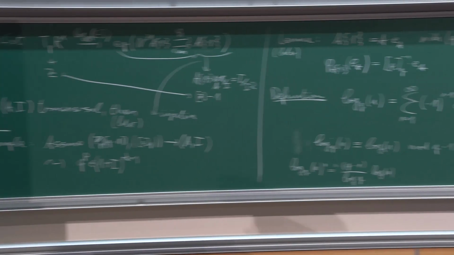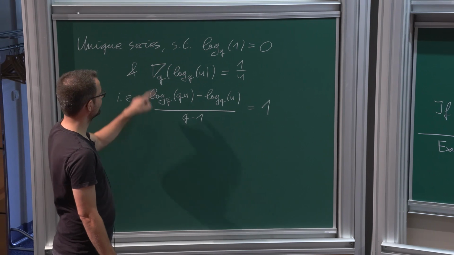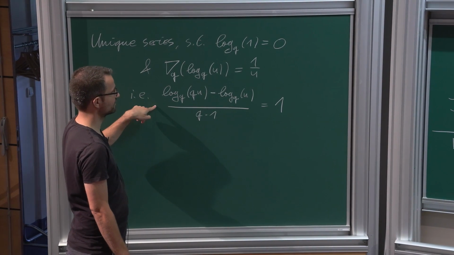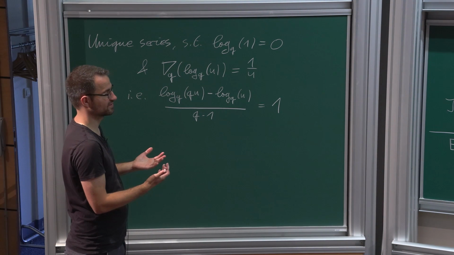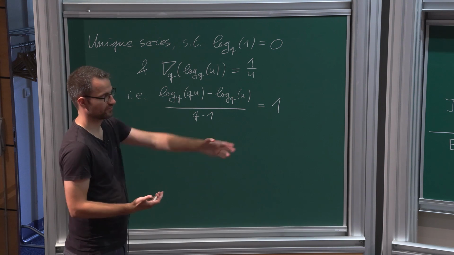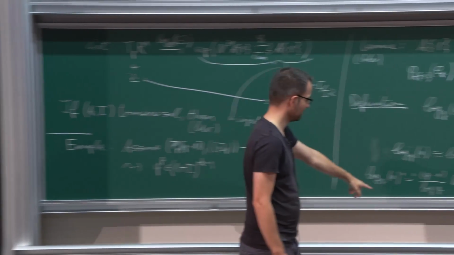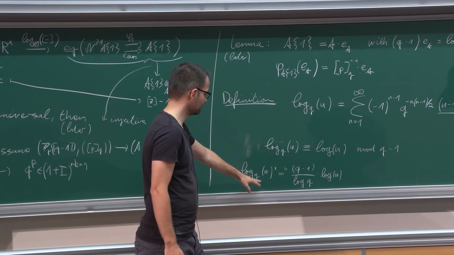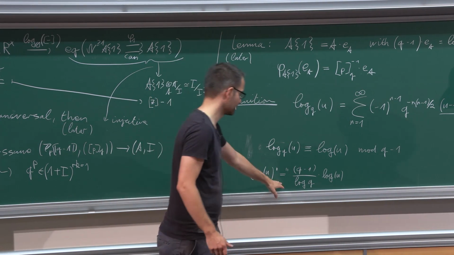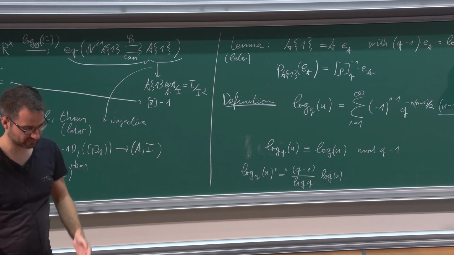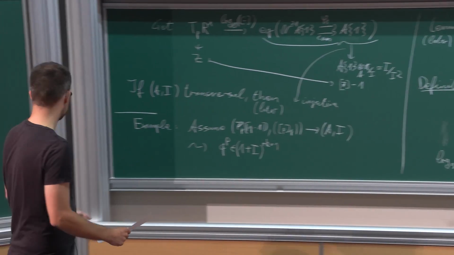And there, one can check that the right-hand side that I've written down satisfies these conditions. And therefore, if one knows that the Q logarithm is the unique series satisfying these conditions, one gets equality. In particular, this equality then implies that log Q of U times V is equal to the sum of the log Q's by this formula. So that's how one can see that the Q logarithm is a group homomorphism, so to say.